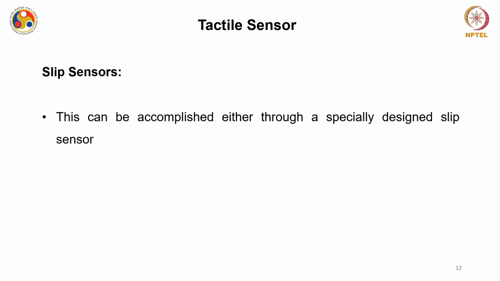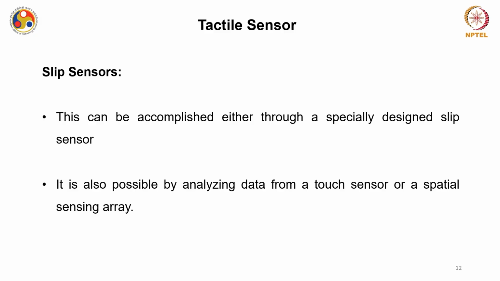This can be accomplished either through a specially designed slip sensor, or you can analyze data from a touch sensor. If you have spatial sensing array data, I think it becomes very easy to find this slip. So consider that there is a wheel which is slipping between these two planes.